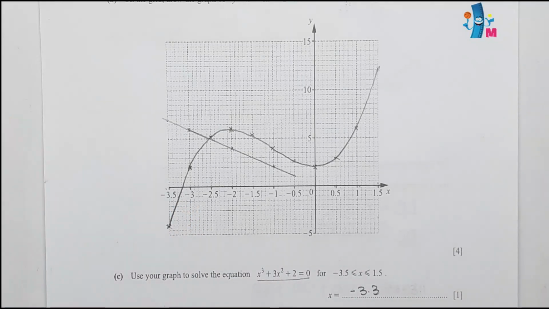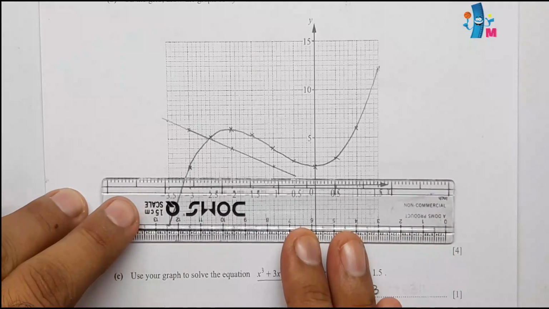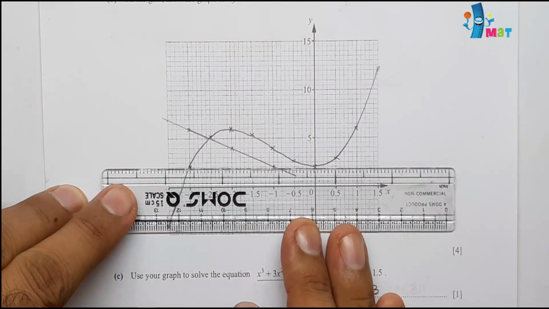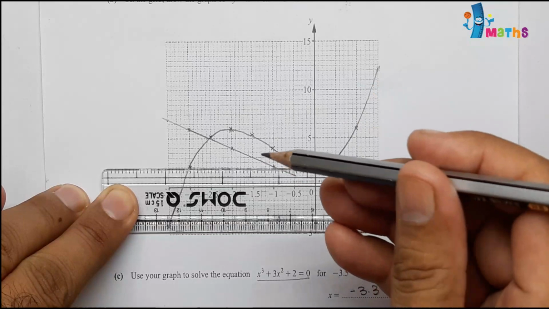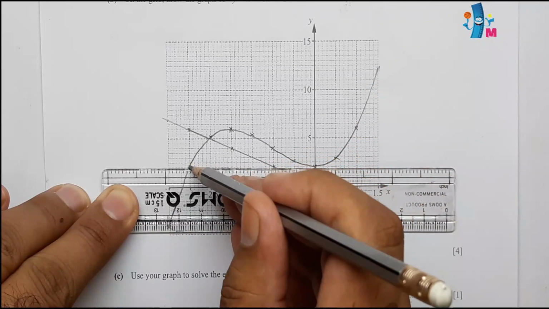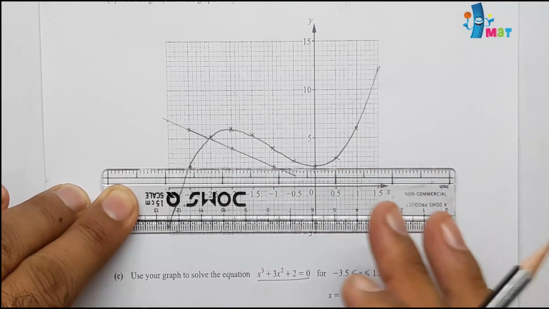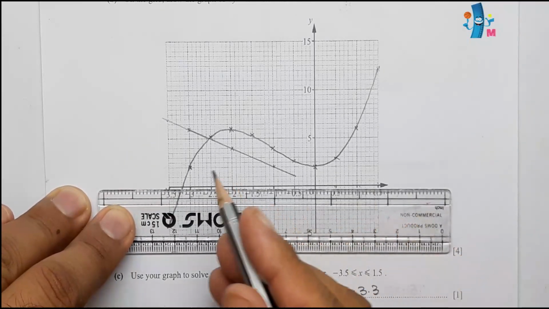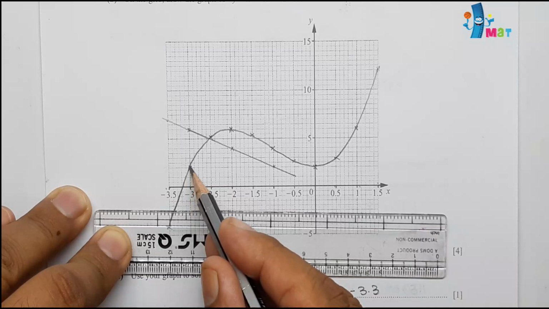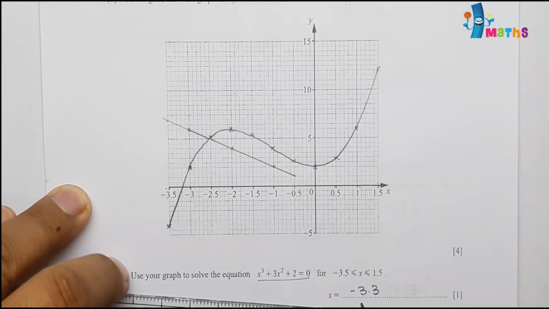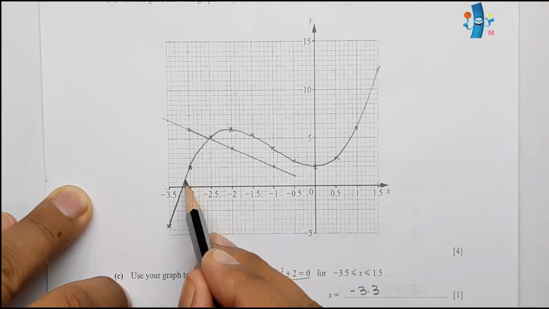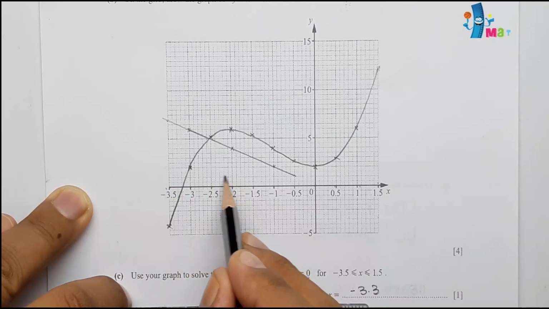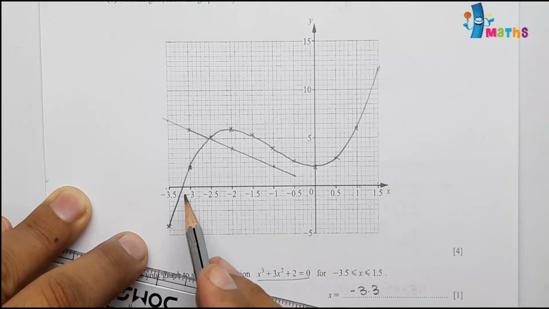If I use a ruler to show you, below this point, which is this point, right? So the x value can be below this region. So minus 3.3 I have mentioned, so it will be in this region, this one.